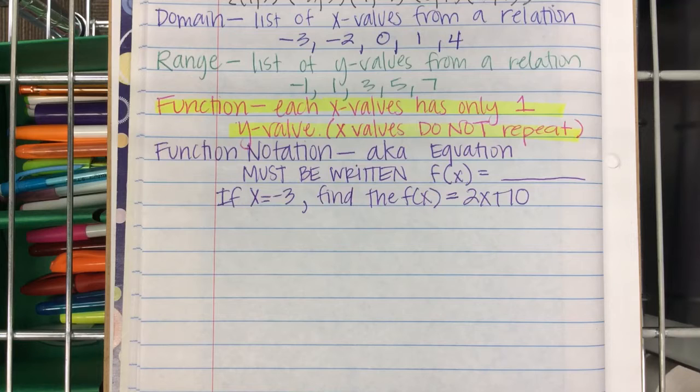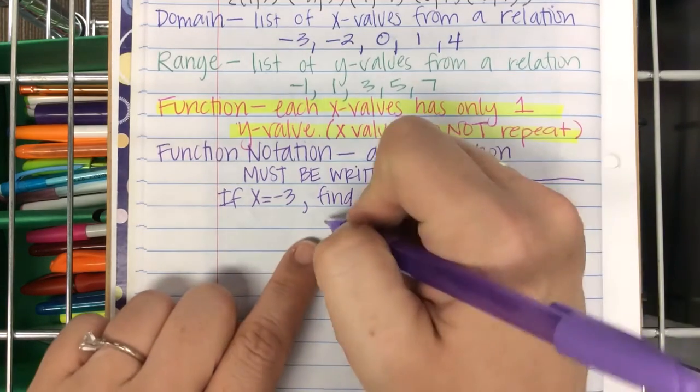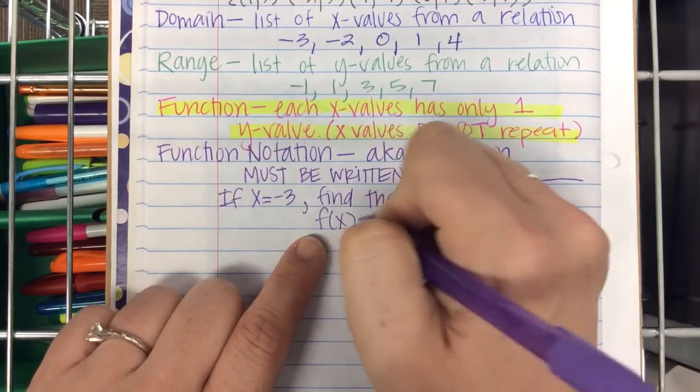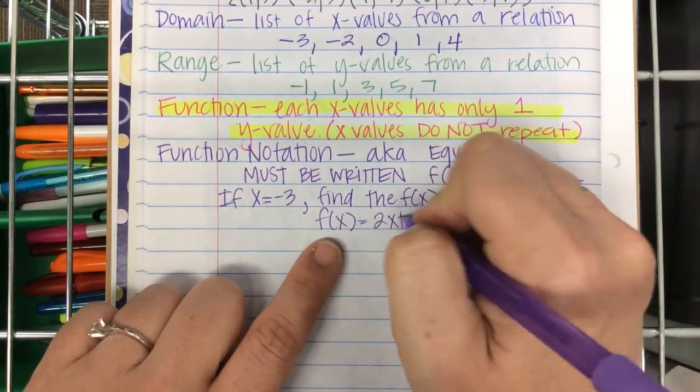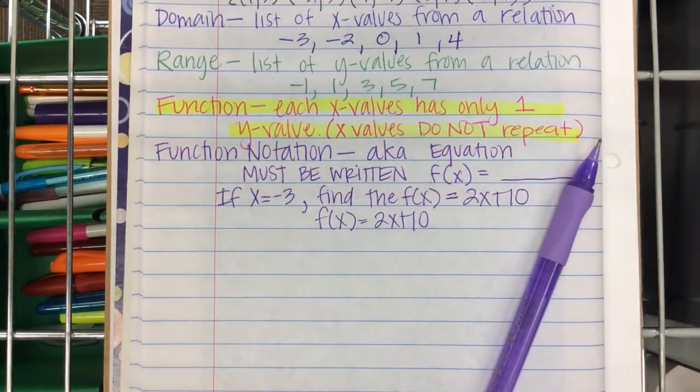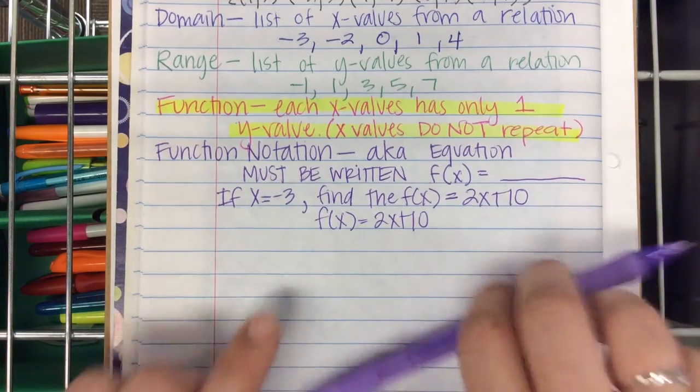And that's read, if f of x equals 3, find the function of x in 2x plus 10. So what you do is you just substitute. Instead of f of x equals 2x plus 10, instead of x, what number am I going to substitute? -3.